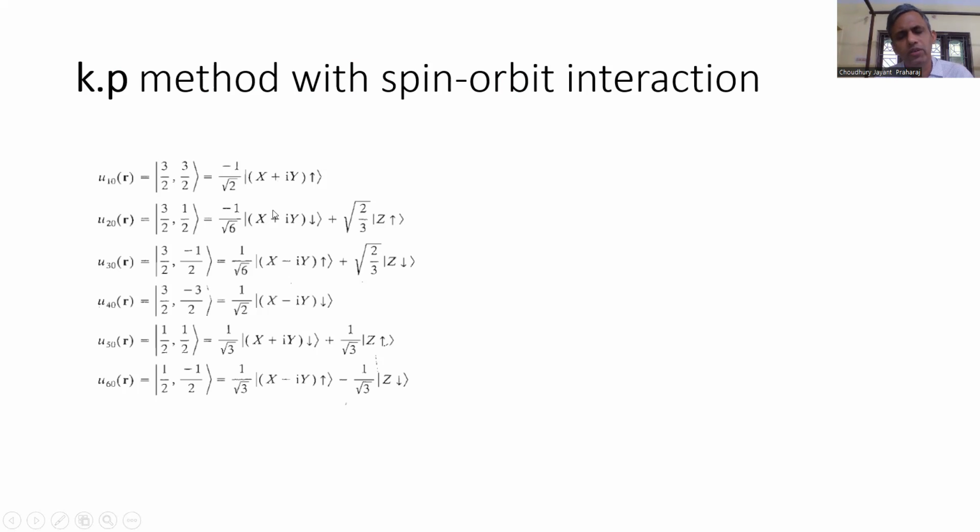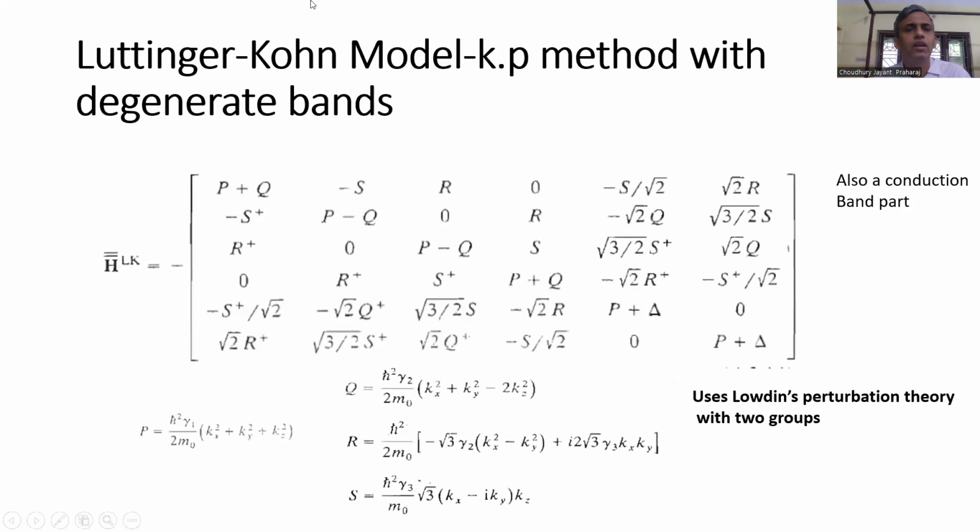Now, if you go to other semiconductors, you can have other kinds of orbitals coming in and different kinds of angular momentum structure. So this slide shows the basic Hamiltonian that results when you write down the Hamiltonian in this basis, with the valence band part and two for the conduction band part.